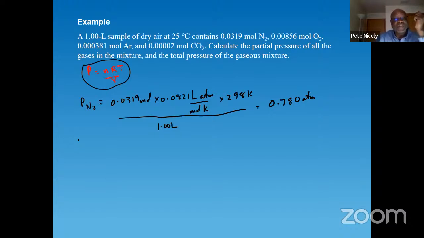All right. And basically, it's the same calculation. Same calculation for the other gases. So the other gas is oxygen.